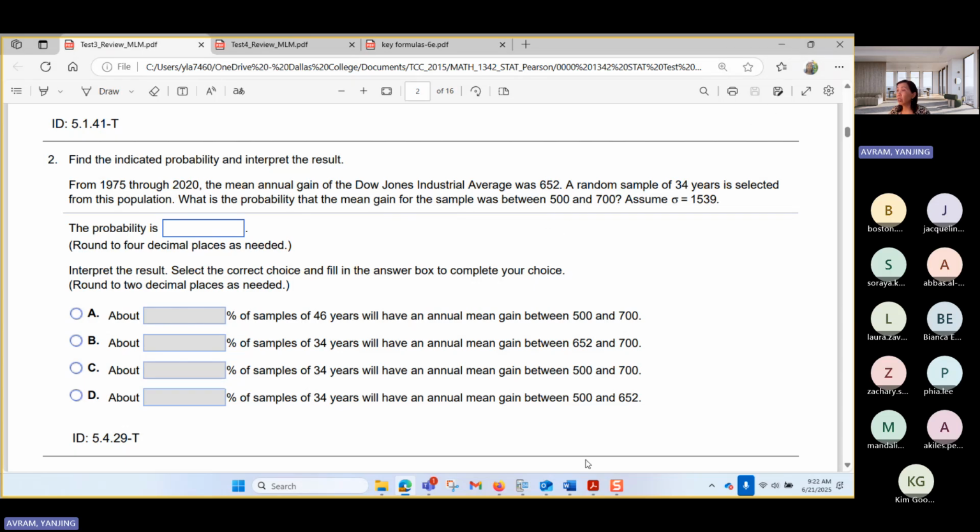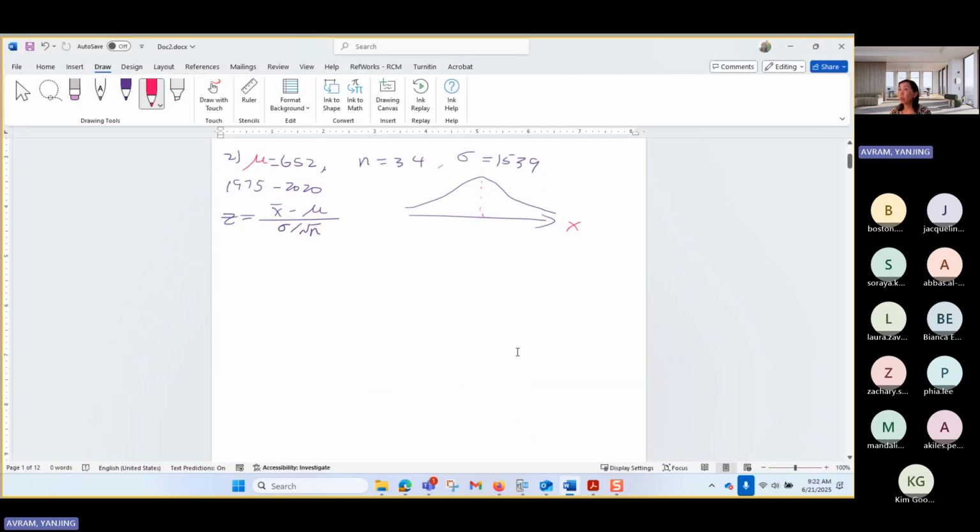So we have a 500, okay. Our mean here is 652. And then we're going to need to find between 500, which is less than 652, right? And then 700, which is greater than 652. So basically, we want to find this area or the probability, okay?